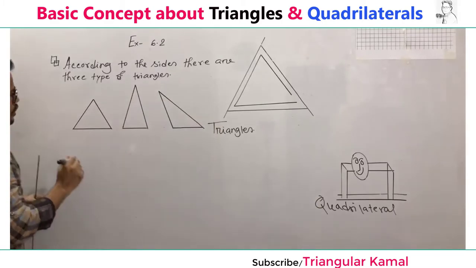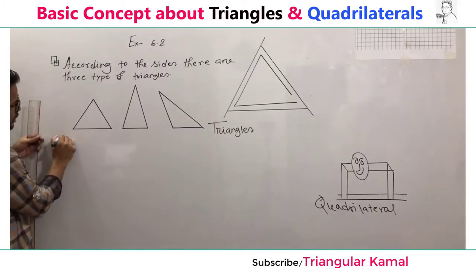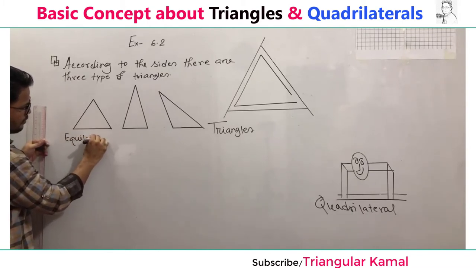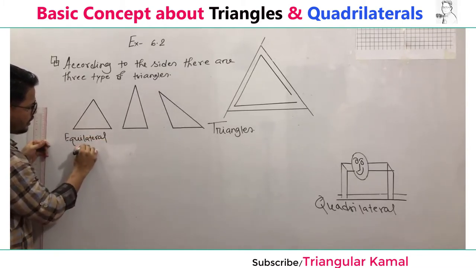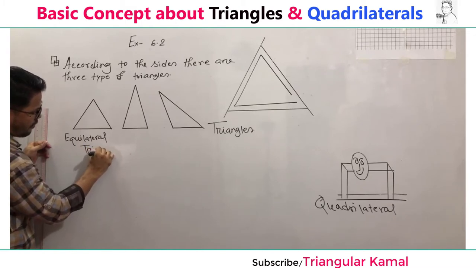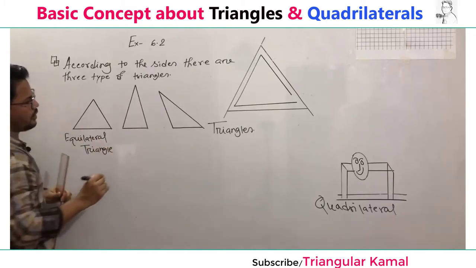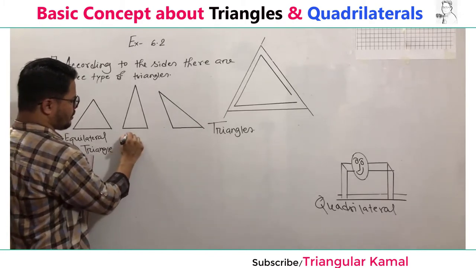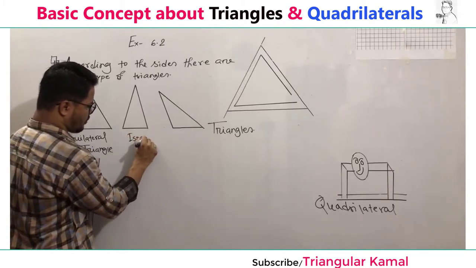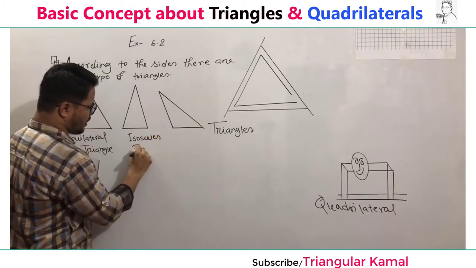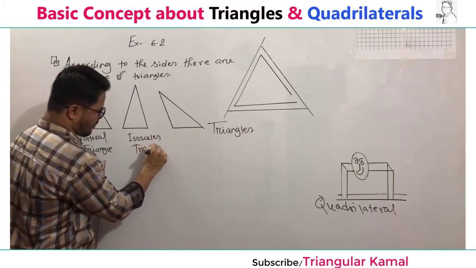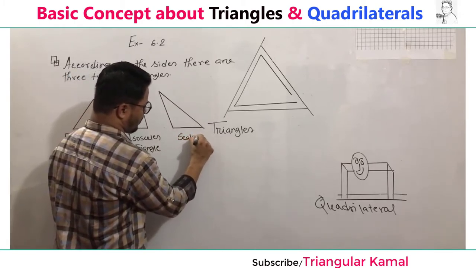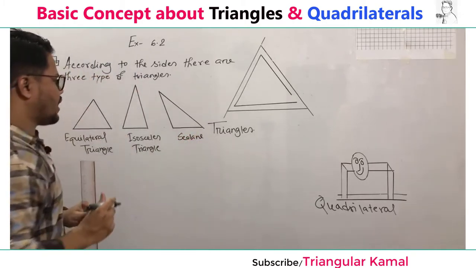The first one, equilateral triangle. Second one, isosceles triangle. And third one, scalene triangle.